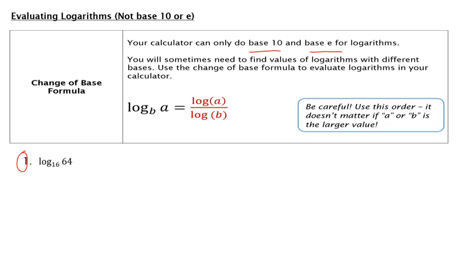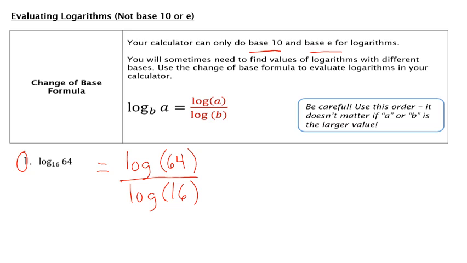So what we're going to do with our base change formula is type it in our calculator as 2 logs. We would type the log of 64, so the log of 64 base 10, basically, and we're going to divide it by the log of 16. And again, that's not the same as 64 divided by 16 and doing the log of 4.